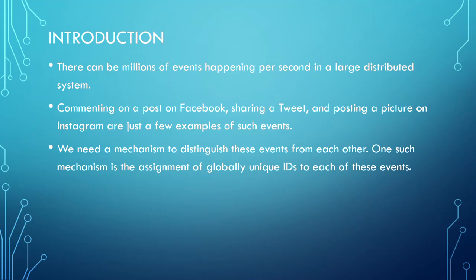So we need a way to distinguish these events. One such mechanism is providing a unique ID to each event. In the further slides, we will look into the possible approaches and solutions we have for providing unique IDs to those events.